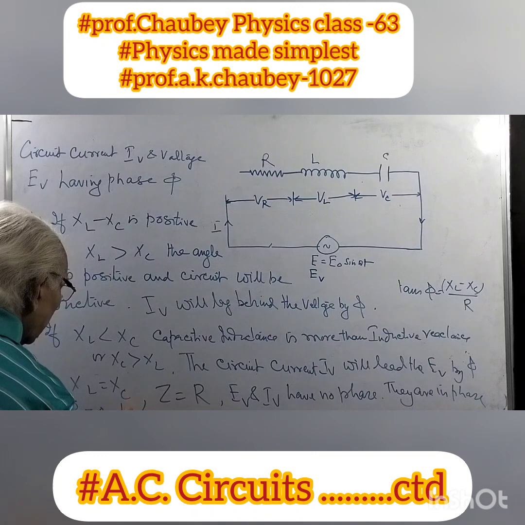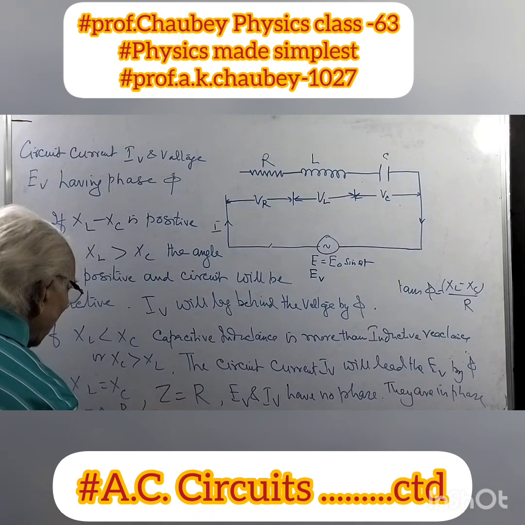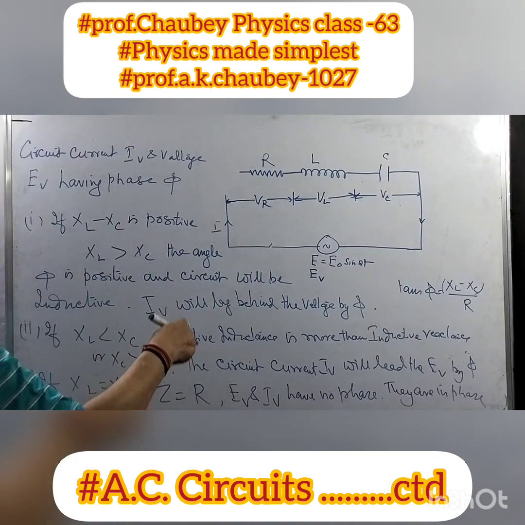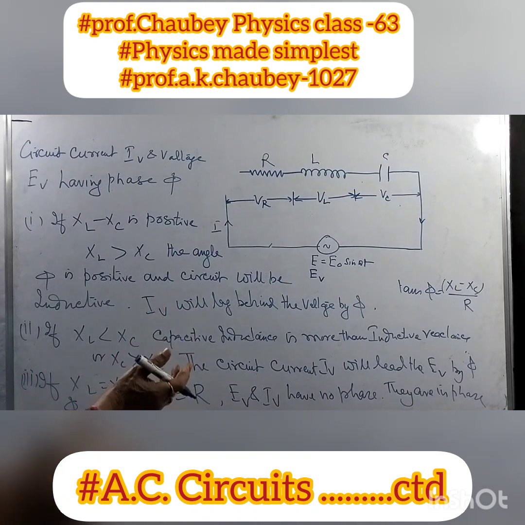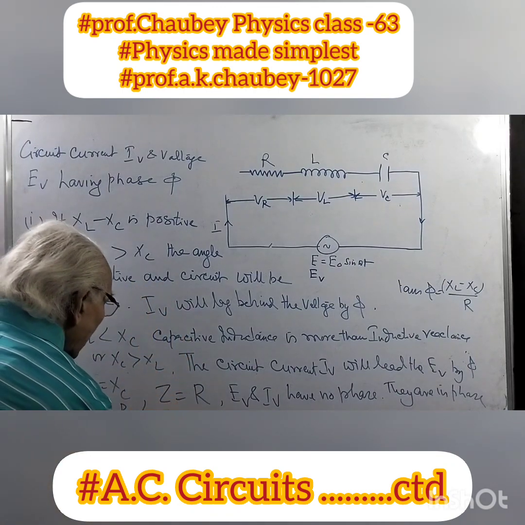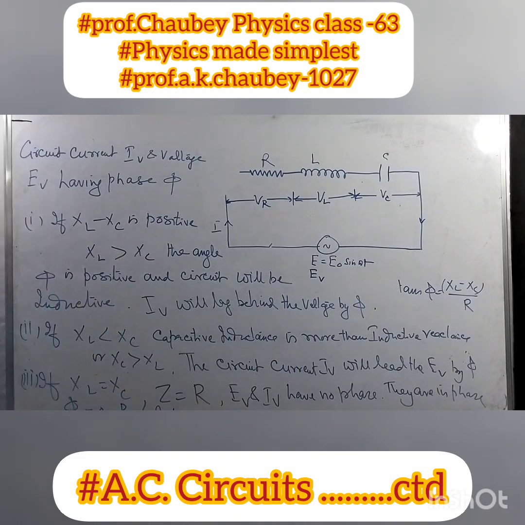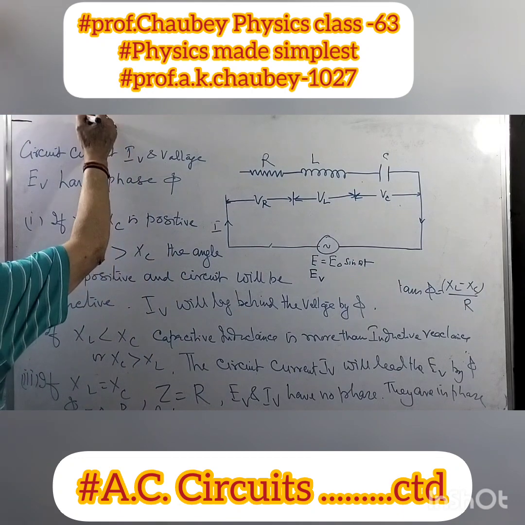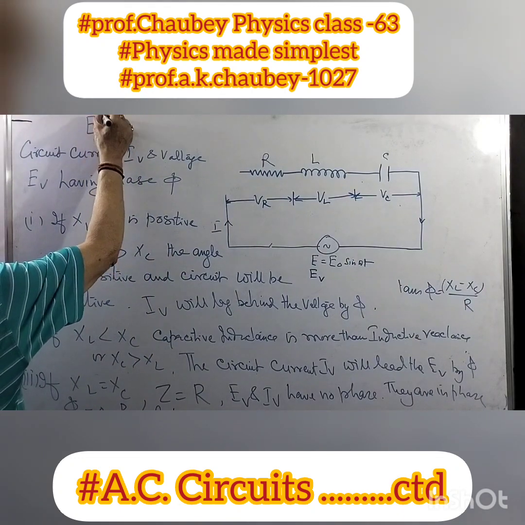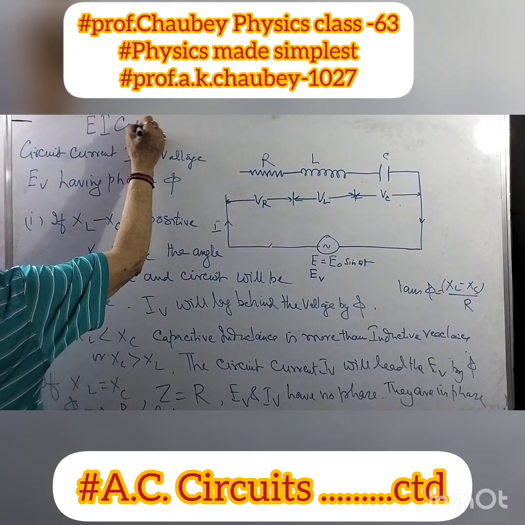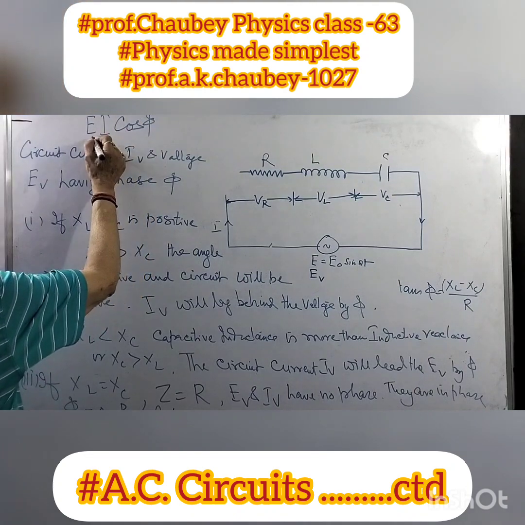Then the power factor. Power is given by E into I into cos phi, EI cos phi. So that is the power factor. When phi is equal to 0, cos phi is equal to cos 0, which is 1. The power is EI cos phi, that is the average of EV, IV.